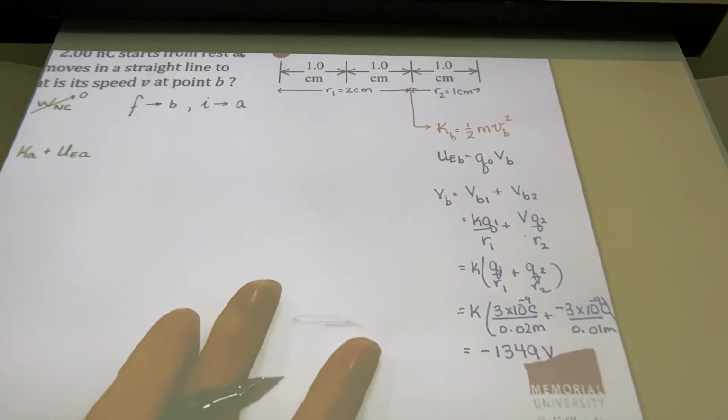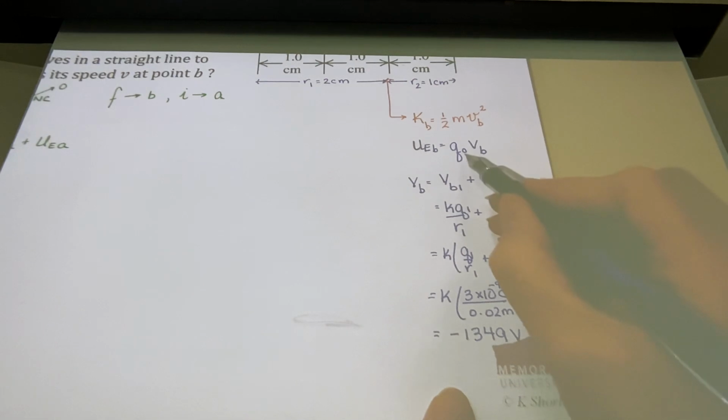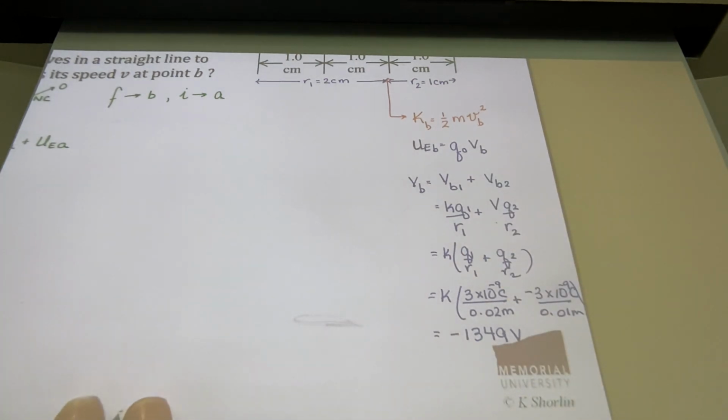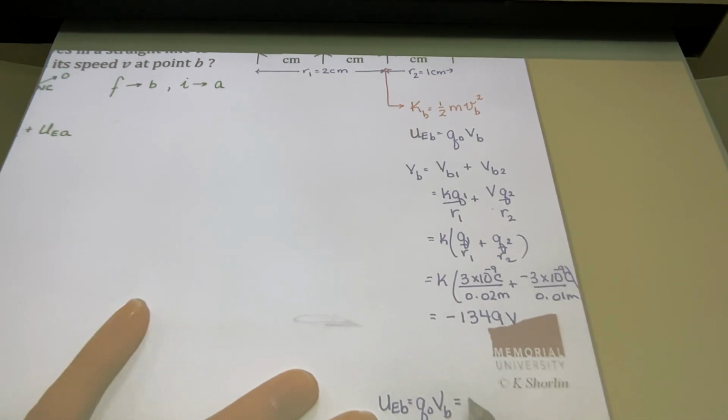Sorry, I went off the slide. Tragedy of zooming in. Okay, so that's my potential at point B. If I multiply that by my charge, then I can find my electric potential energy at point B. So UE at point B is my charge Q0 times the potential it's sitting in. Q0 is 2 nanocoulombs.